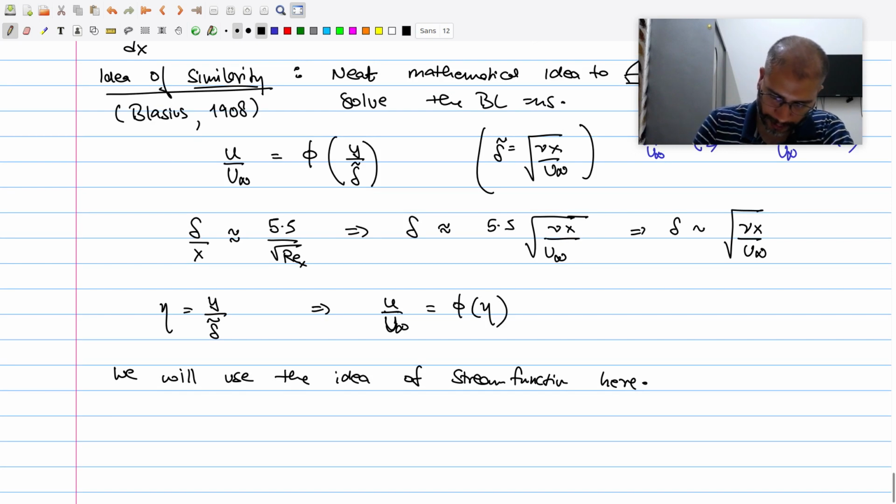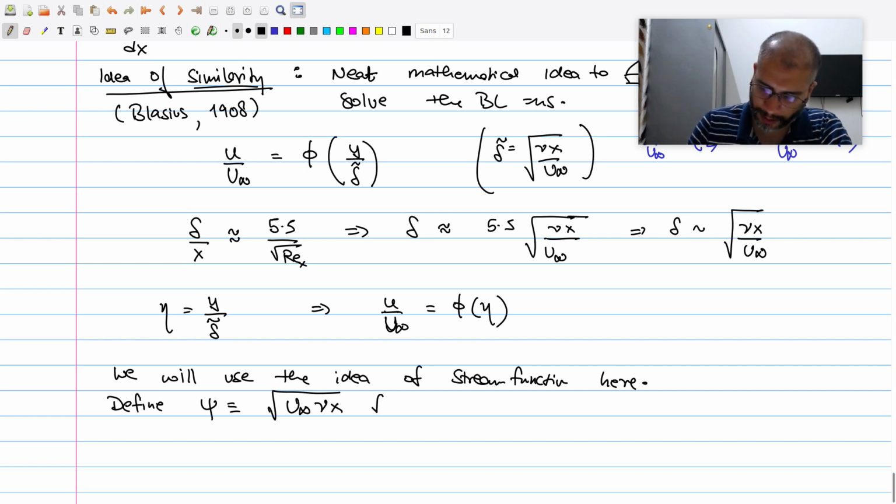So we will only be required to deal with one scalar function psi, which is a stream function. Let's define a stream function. This is what Blasius defined: psi is the square root of u infinity nu x times some function f of eta, because we don't know what the stream function is. That is what we are trying to solve for; we are trying to solve for u and v.